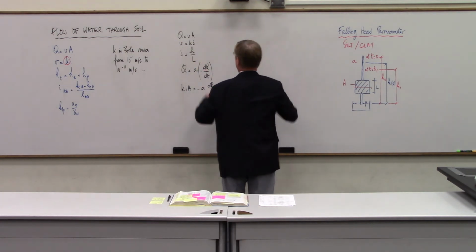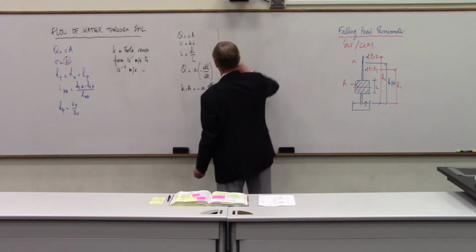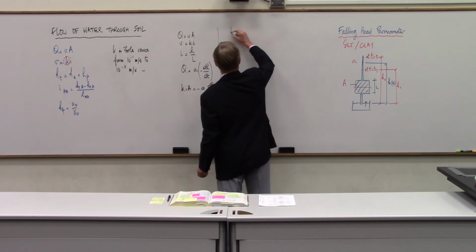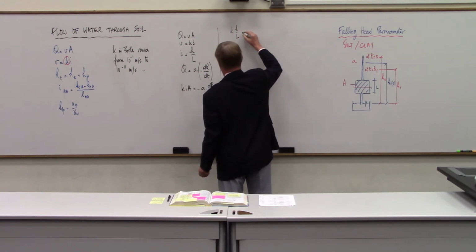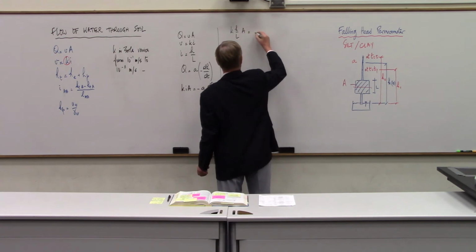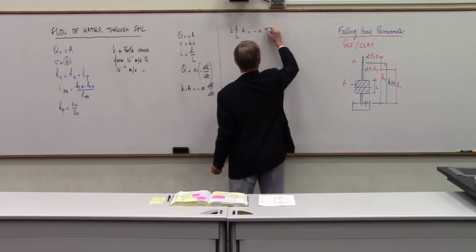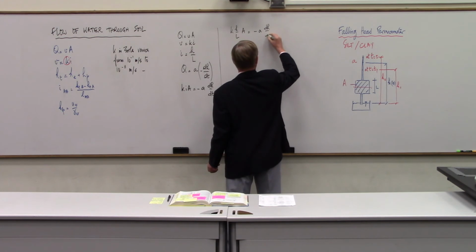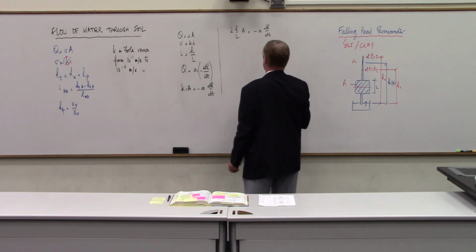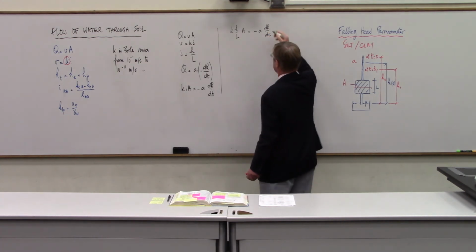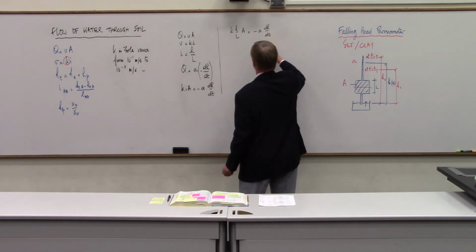But I is H over L. So then I go back here and I put K H over L, capital A equals minus A dH dt. So that's a differential equation. I've got to solve it.